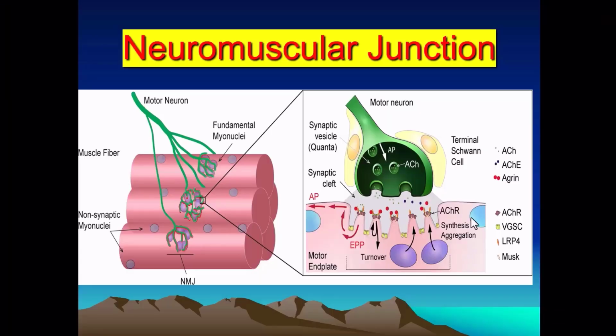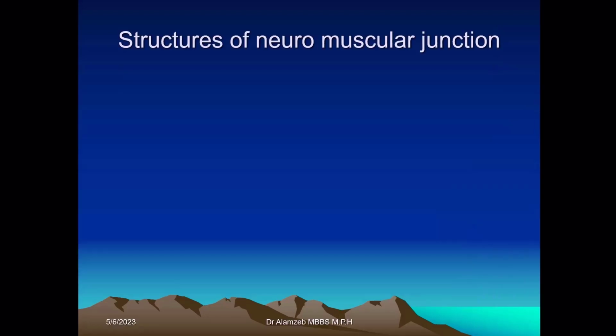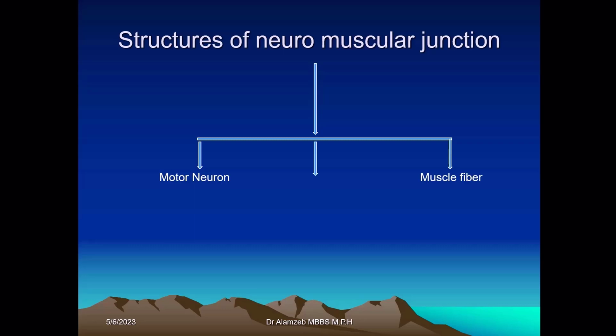Bismillahirrahmanirrahim. We are going to discuss the neuromuscular junction, and first we'll discuss the structure of the neuromuscular junction, that is, what structures are included in it. So the neuromuscular junction contains a motor neuron, muscle fiber, synaptic cleft, and axonal terminal.